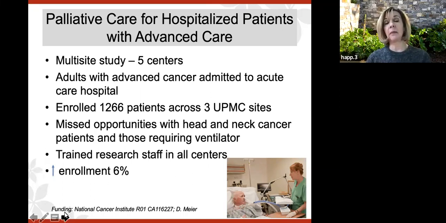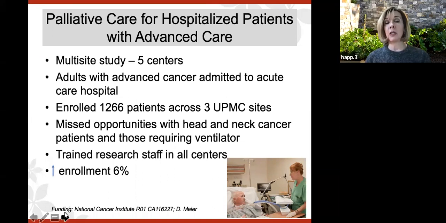And a collaborator and I were leading the University of Pittsburgh site, where we enrolled over 1,200 patients and family caregivers across 3 UPMC hospitals.